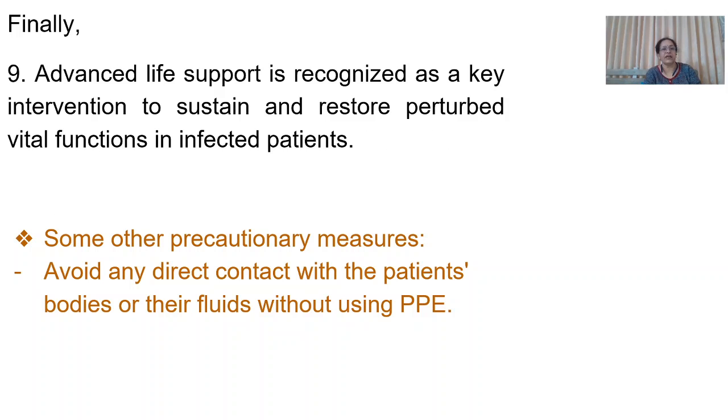Finally, advanced life support is recognized as a key intervention to sustain and restore vital functions in infected patients. Some other precautionary measures include avoiding any direct contact with the patients, as well as the dead bodies and fluids, without using PPE.